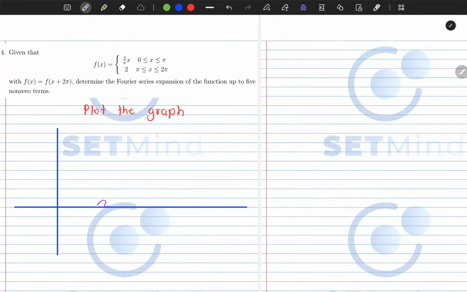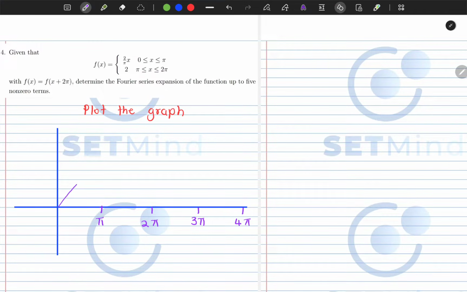So for our graph, if you think carefully, we'll have pi and also 2 pi. And then I'll also mark 3 pi and 4 pi, just to show you what will happen. So here we're at pi, here we're at 2 pi, at 3 pi, and at 4 pi. Okay, so let's go ahead and plot it.